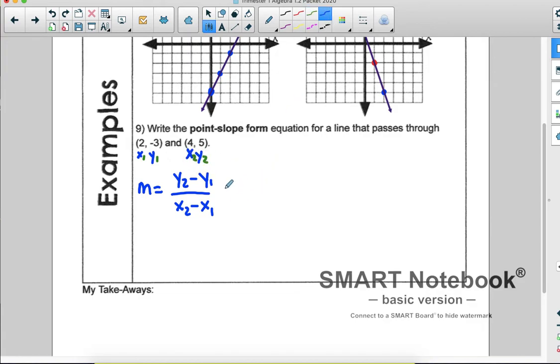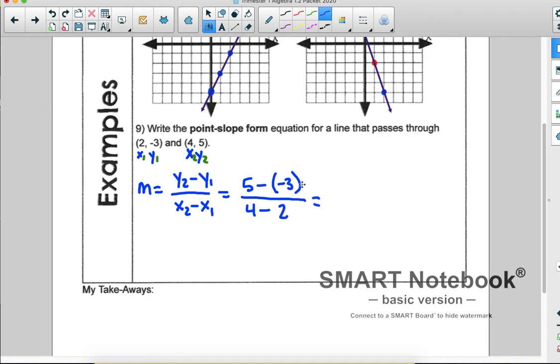All right, so when we solve this, we're going to do y2, this is my second y right here, 5, minus my first y, y1. y1 here is -3, so I'm going to put that in parentheses. That way I have that minus and that negative, I can tell the difference. x2 is 4 minus my x1, which is 2.